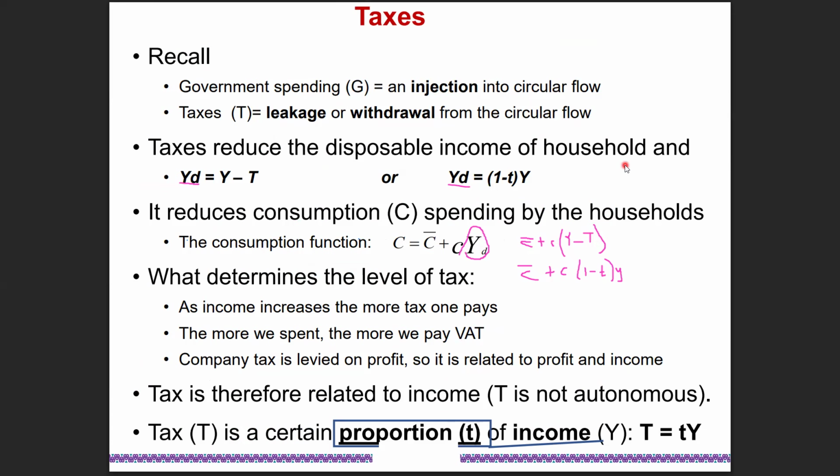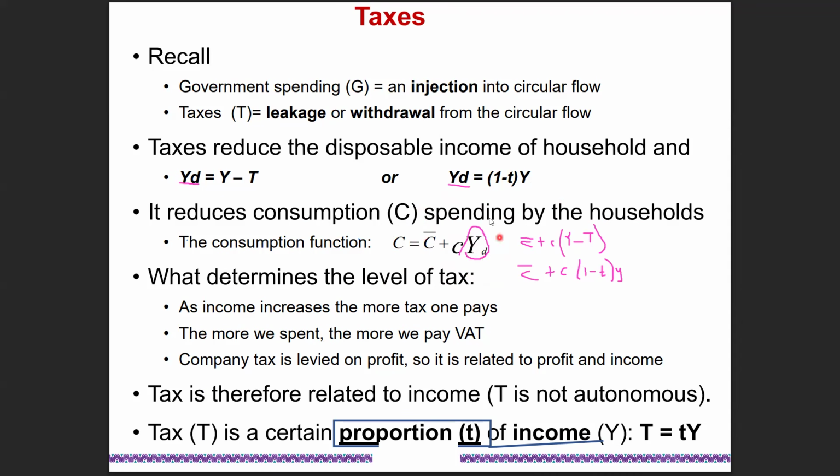When we add taxation, we know that taxation reduces disposable income, the income that one person has. So adding taxation is also going to affect the consumption function, because it is going to reduce the disposable income of the induced consumer. It is not going to affect the autonomous consumer, because we said they finance their consumption by credit or by using their savings, so it has no relation to income.